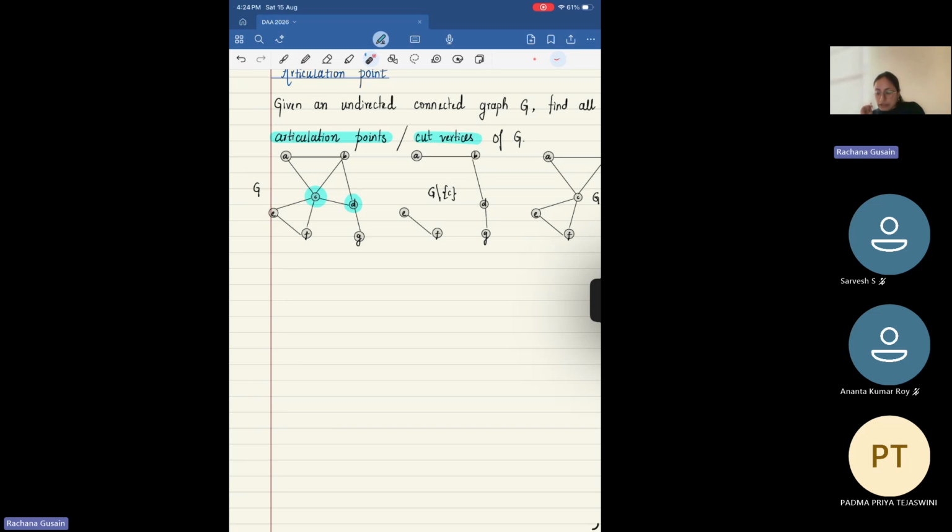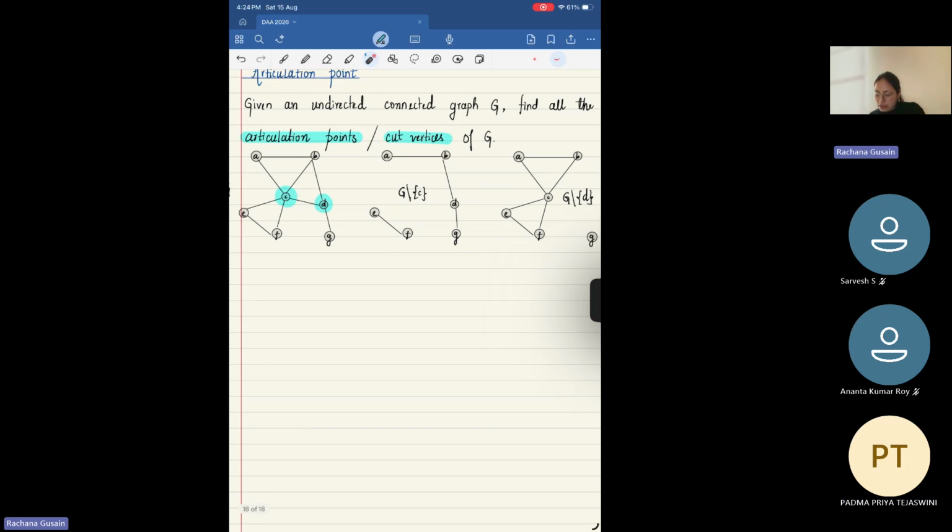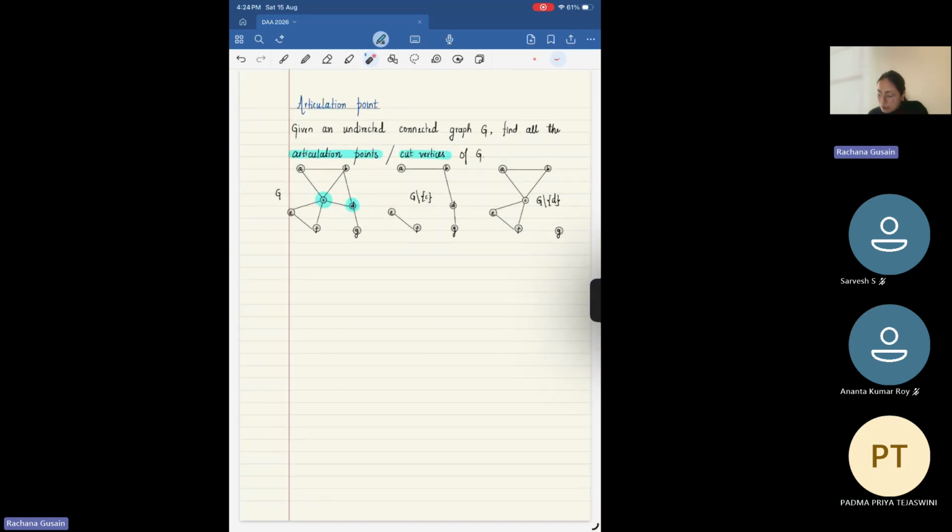That means at one instant I'm going to remove only one vertex. So I can identify that C is an articulation point. That time I don't care about other articulation points. I'll remove C and see that it must give me at least two components. Similarly, in the original graph I see that D is also an articulation point, because if I remove D again my graph gets split into two or more components.